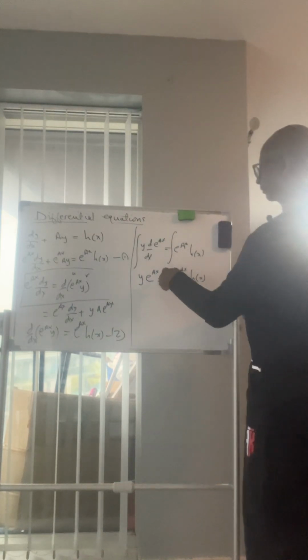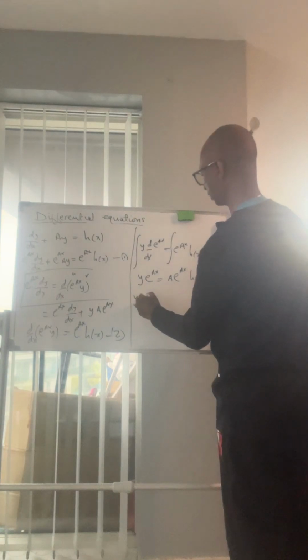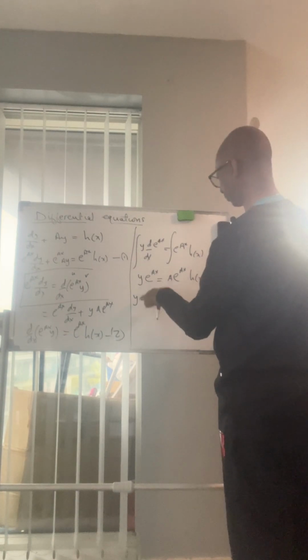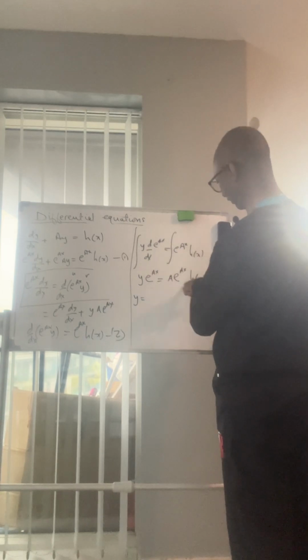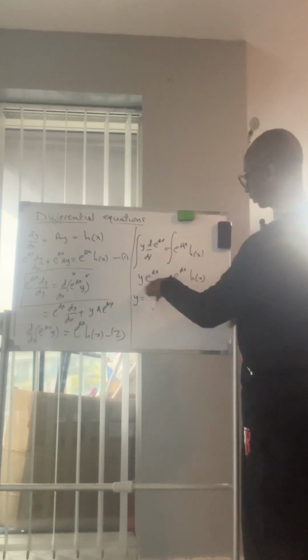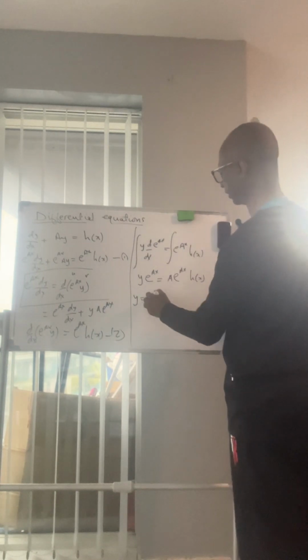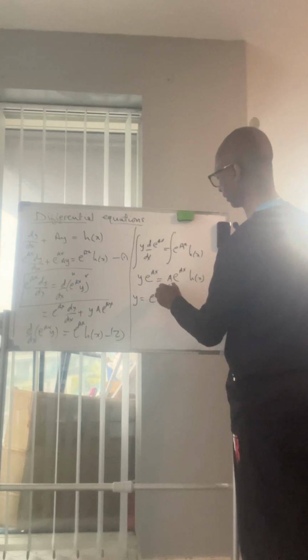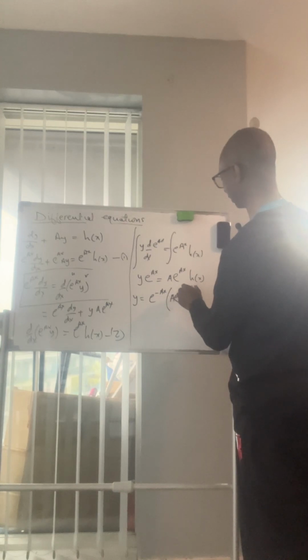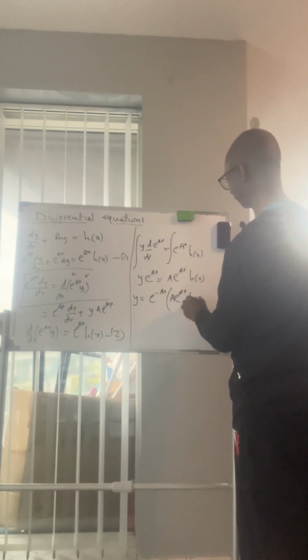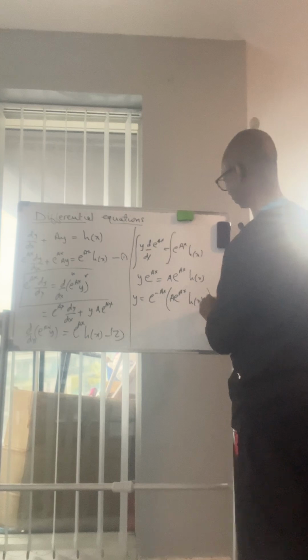We want y. So y is equal to, and I'll bring this one to the other side. This will now be negative because I'll divide this throughout by the equation. So this now will be e raised to the minus ax times a e raised to the ax h of x.